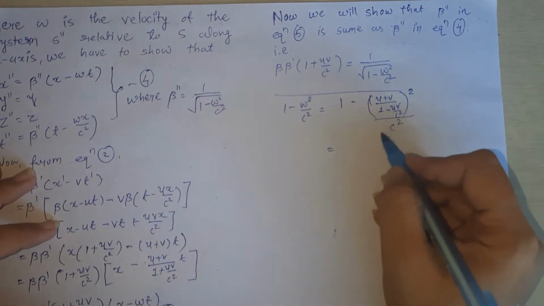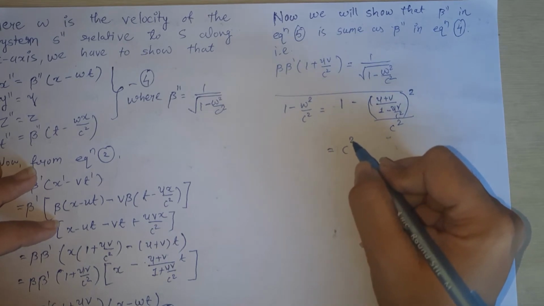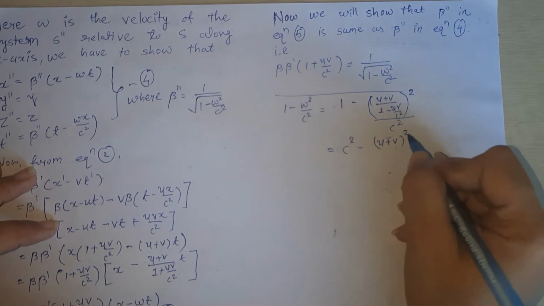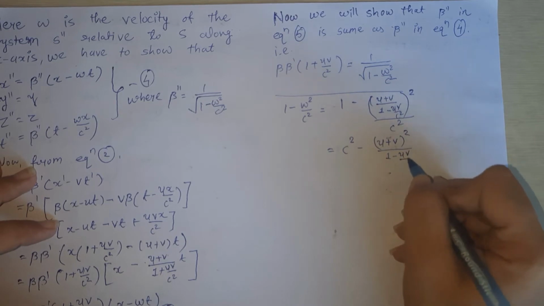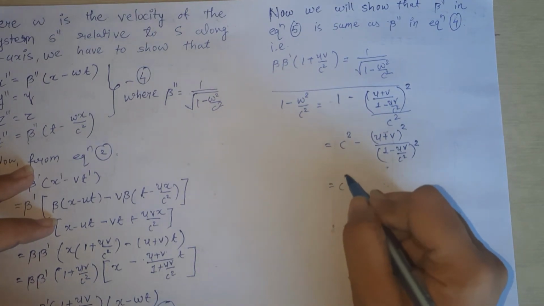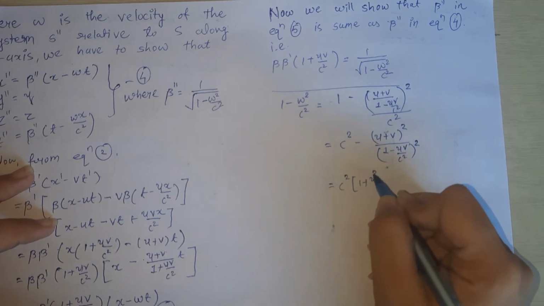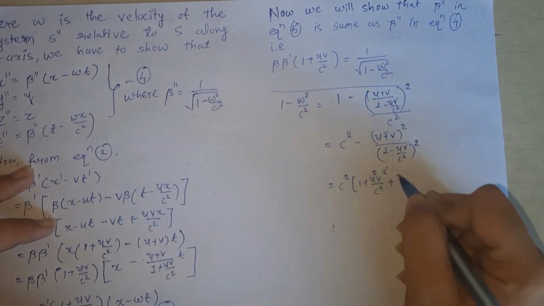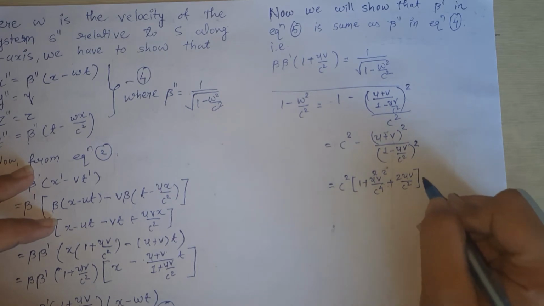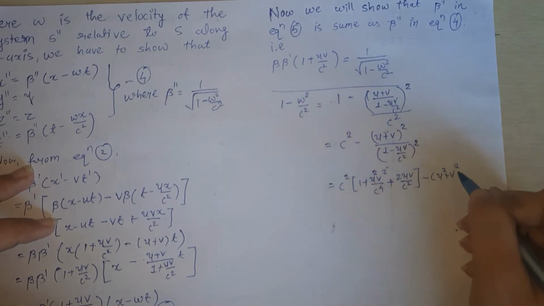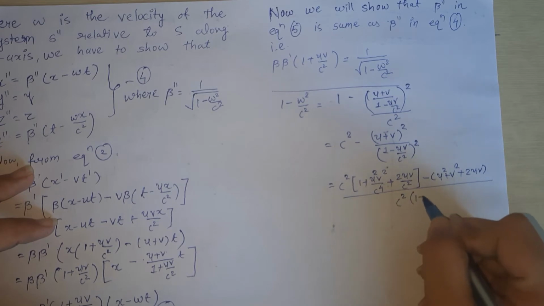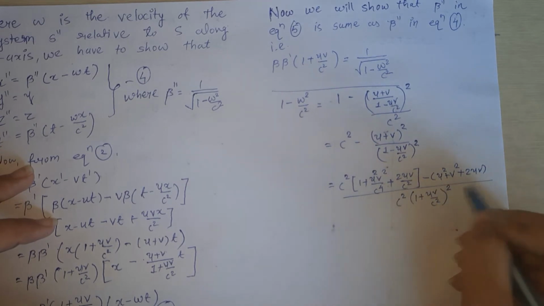And now simplifying this, we get c square minus u plus v whole square upon 1 plus uv upon c square whole square, which will become c square into 1 plus u square v square upon c raised to 4 plus 2uv upon c square minus u square plus v square plus 2uv upon c square into 1 plus uv upon c square whole square.